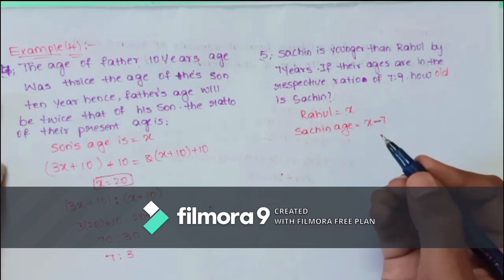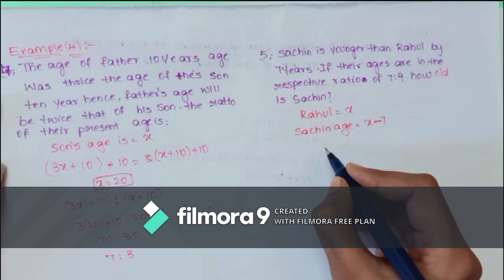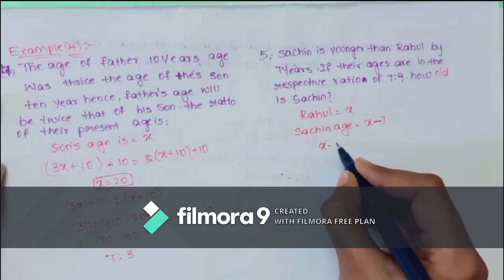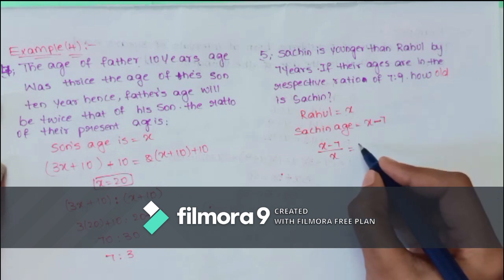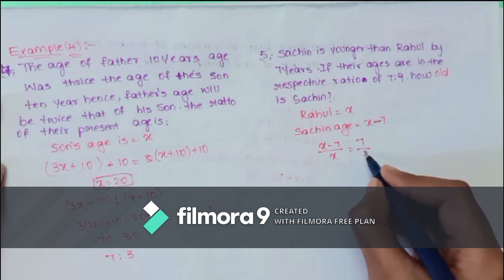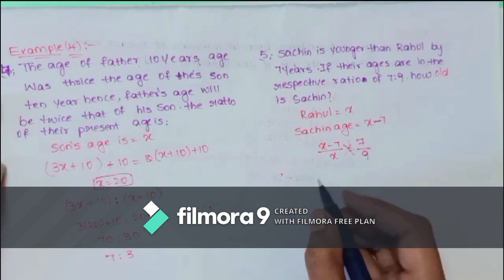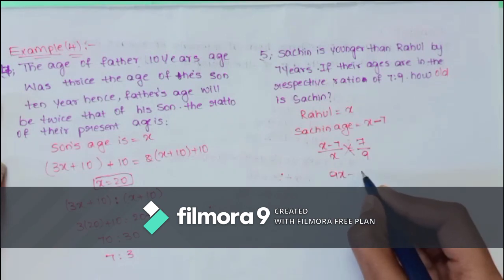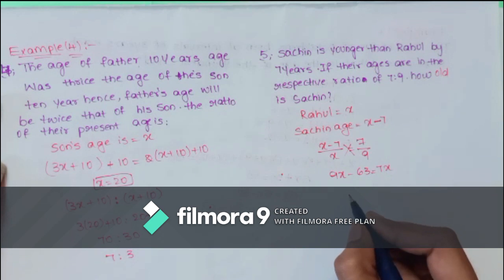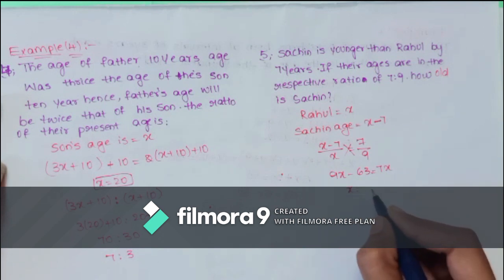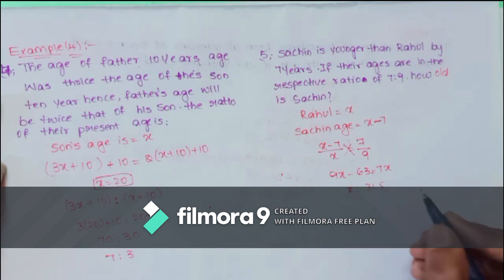Then we want to find the ratio. To find the ratio, we should write x minus 7 by x is equals to 7 by 9. Now cross multiply. 9x minus 63 is equals to 7x. X is equals to 31.5.